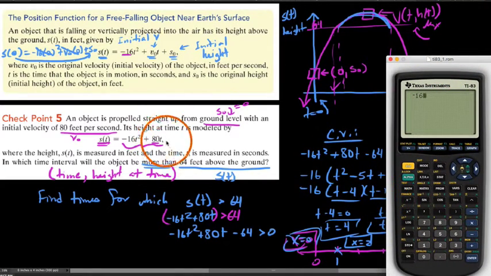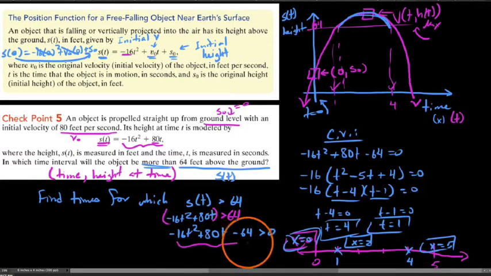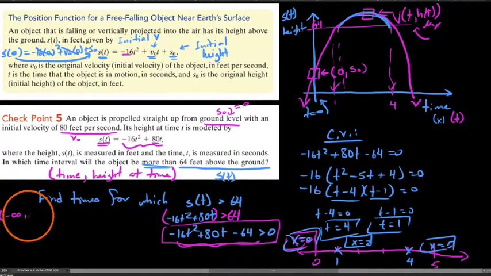Plugging in 0, we get negative 64 is greater than 0, because these two terms would drop out at a time of 0. So that's false, and so I know that I'm not going to choose that interval from among negative infinity to 1, 1 to 4, and 4 to infinity.